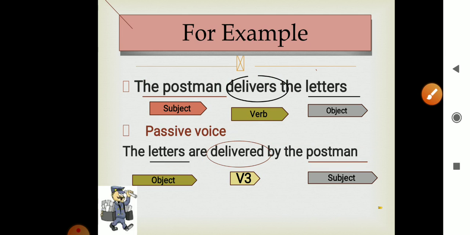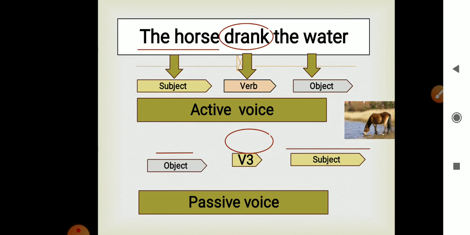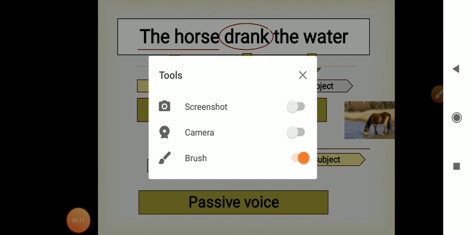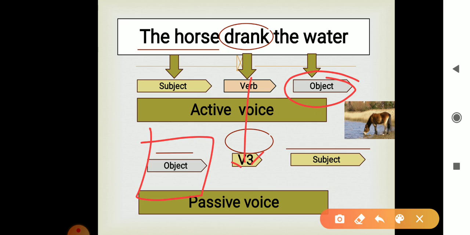Let's move ahead. Next example: The horse drank the water. It is an example of active voice. Now what I am going to do is place the object here first, then the verb, and last, by plus the subject.